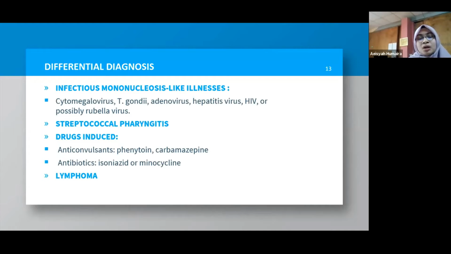After that, mononucleosis syndrome and lymphocytosis can also be drug induced, such as by anticonvulsants like phenytoin or carbamazepine, or antibiotics like isoniazid or minocycline. And patients with splenomegaly and lymphadenopathy may also present with lymphoma.